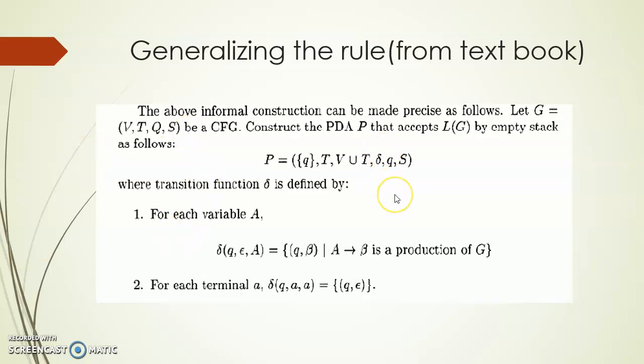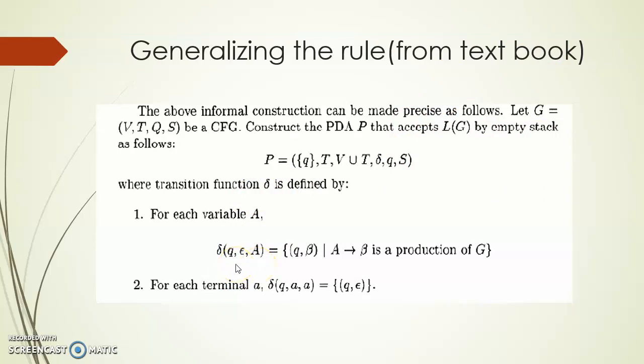Then the transition function, followed by the starting state. Since we have only one state, the starting state is Q. And S, the starting symbol of the grammar, will be the bottom of the stack. So the transition function is defined as such.